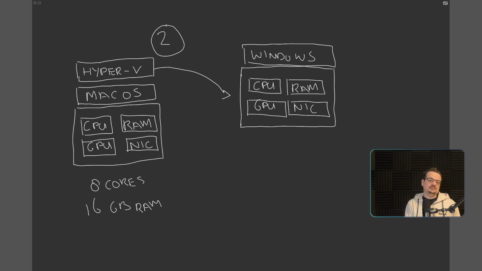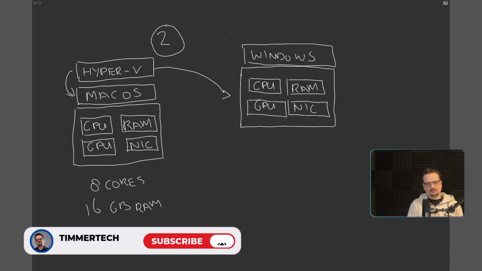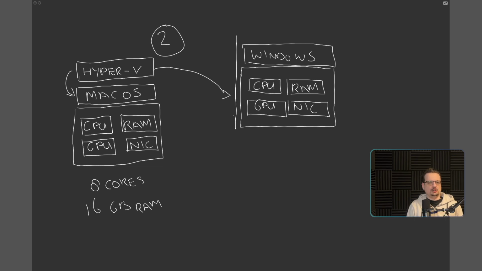So in this case, this hypervisor sits on top of macOS. And that's why it is called a Type 2 hypervisor. And in this case, our virtual machines here, because you can have multiple, are known as a guest OS.